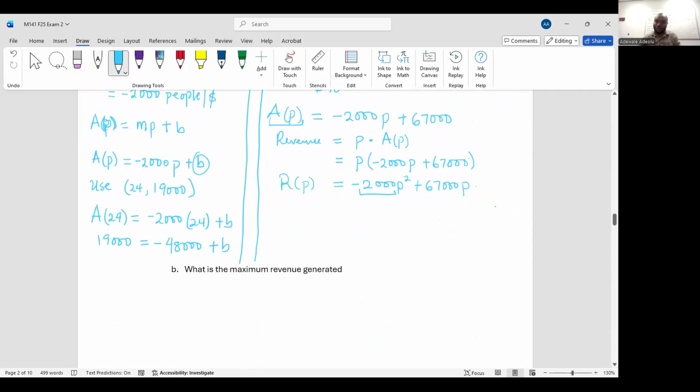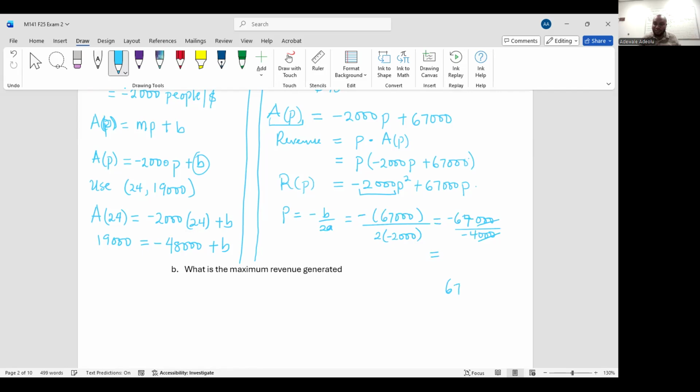So I can find that ticket price that gives me this maximum revenue. And to do that, we know what to do. So P equals minus B over 2A, which is minus, our B in this case is 67,000, divided by 2 times negative 2,000. So that is negative 67,000 divided by negative 4,000. The negatives cancel, 3 zeros, 3 zeros.